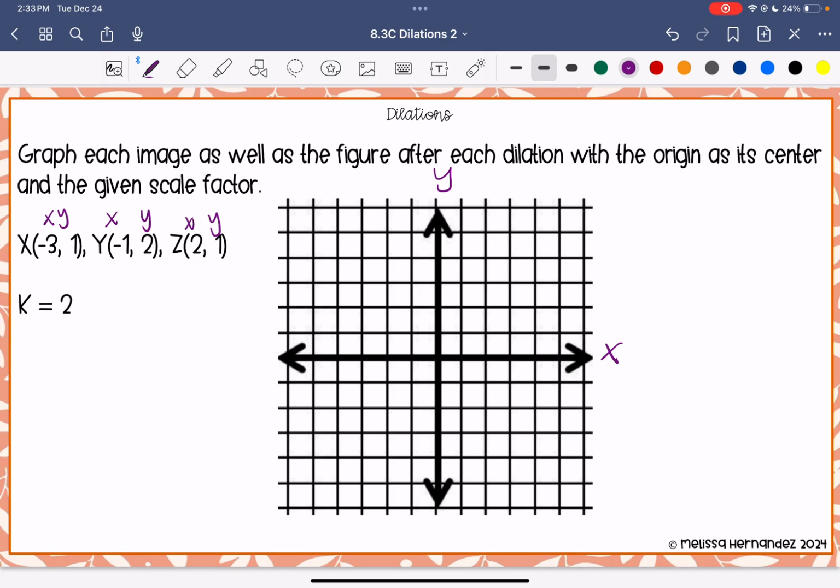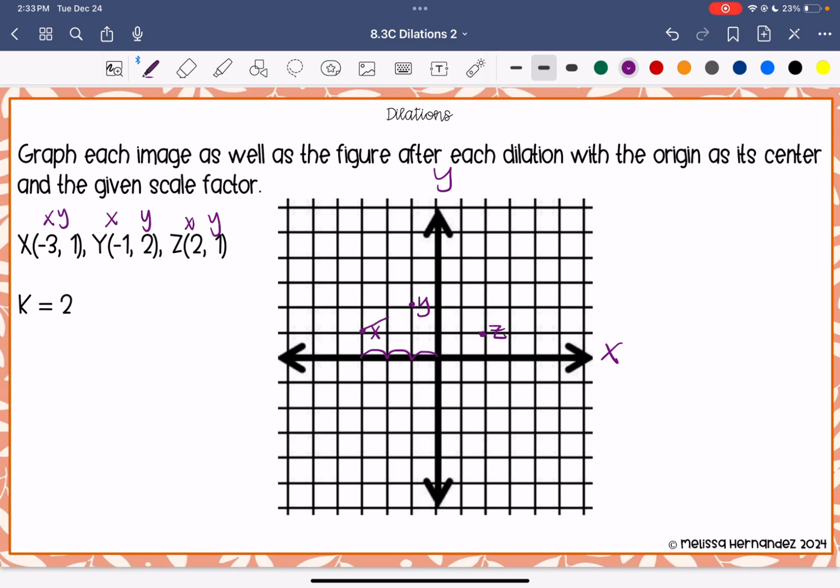So for -3, you count spaces. 1, 2, 3. Go up 1, and that's x. And the reason I said spaces is sometimes we make those mistakes and we don't realize it. For our next one, for y, it's -1, but up 2. And then for z, ordered pair is over 2, up 1.